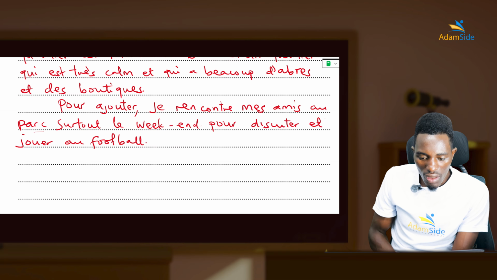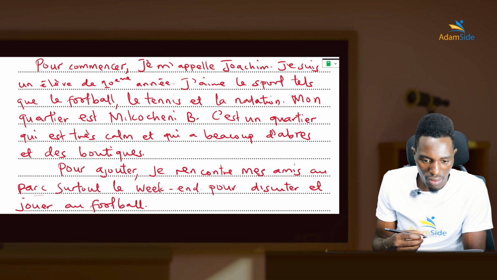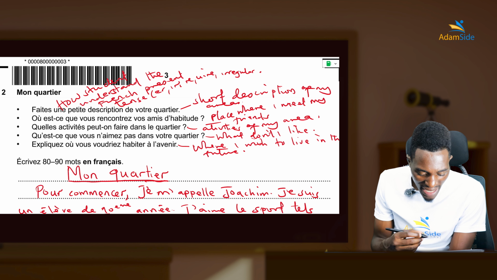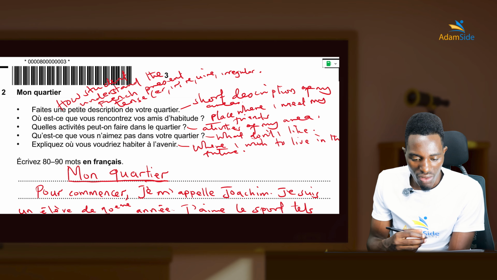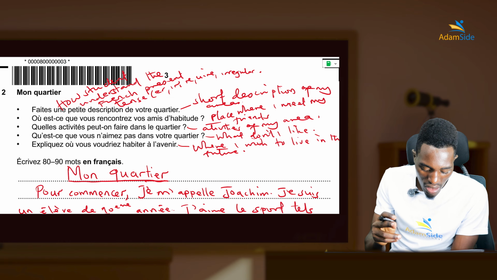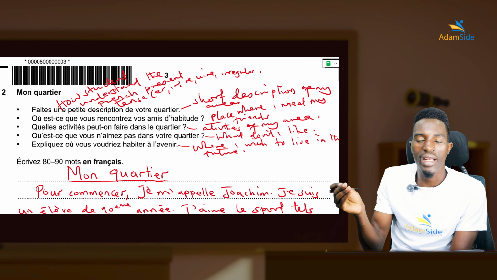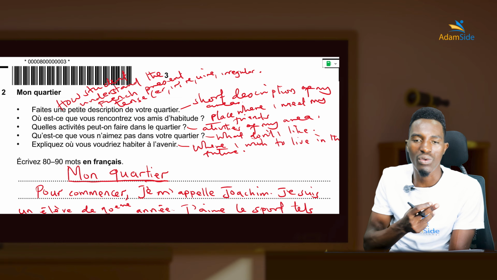Okay. So after that, I go to the next question. What is the next question? They say, quelle activité peut-on faire dans les quartiers? What activities can be done in your area? So I can say maybe in my area you can do business, you can do sports.